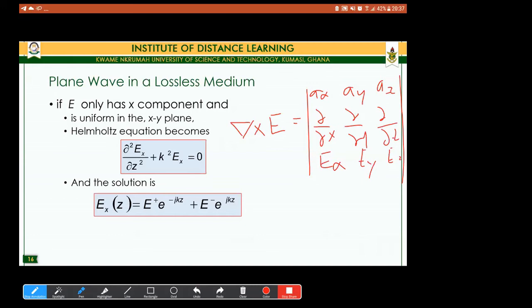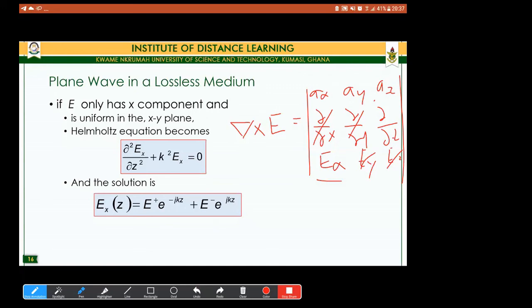Variation in z only. So it means this one will be 0, this one will be 0. And the x component also, we are looking at only Ex, so Ez and Ey are 0. So if you do the curl, you take the determinant, you realize that only Ex and del z will be in the equation.